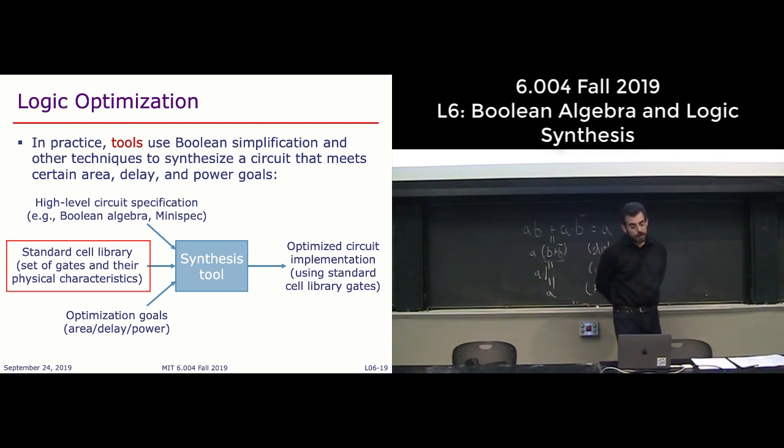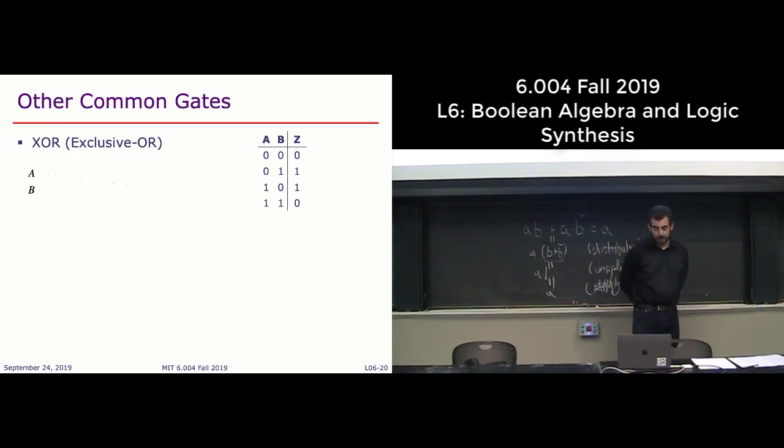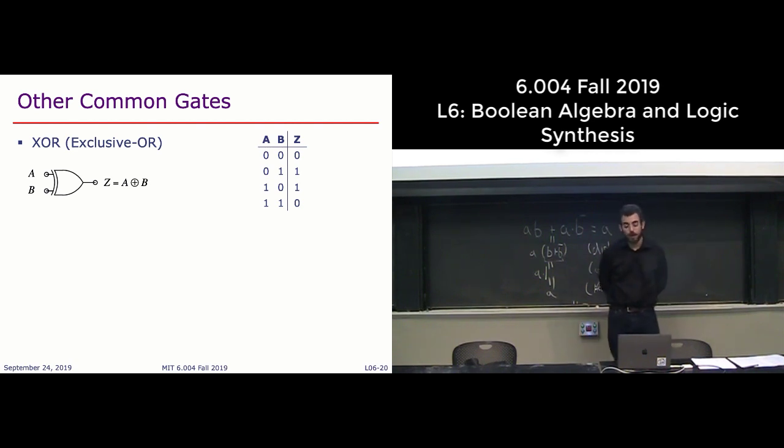Let me spend a couple of minutes talking about the standard cell library, which is something that you're going to see for the first time in Lab 3. So we've talked about AND gates and OR gates, but there are a few other common gates. There's first of all what we call XOR. So here's the truth table for XOR, and an XOR is almost like an OR, except there's this double line here.